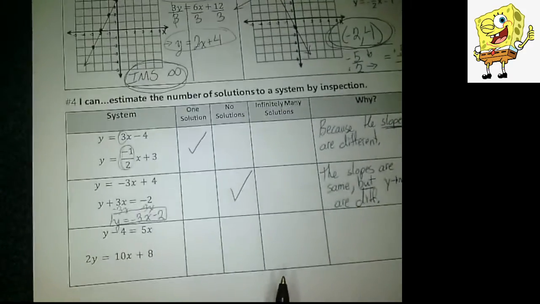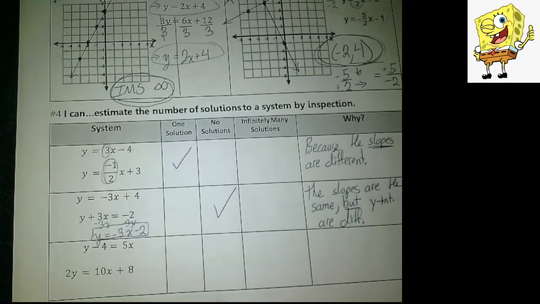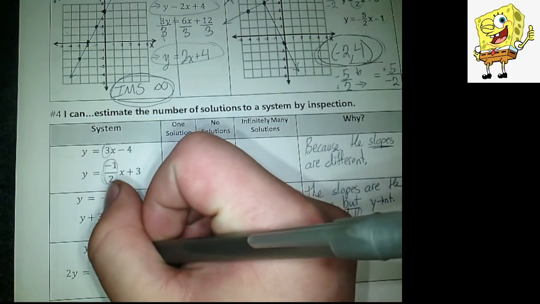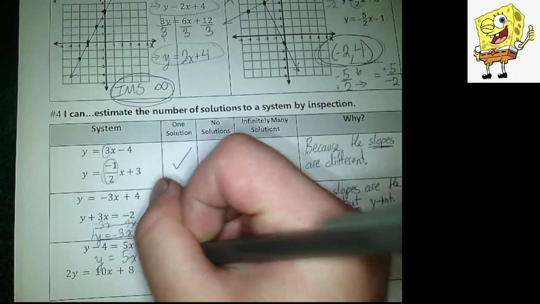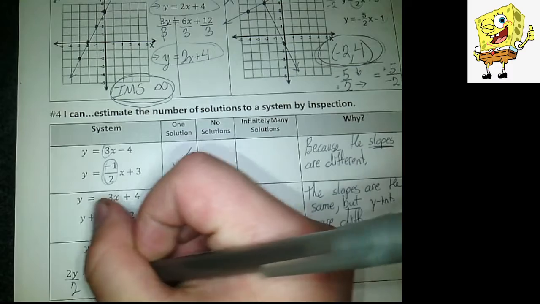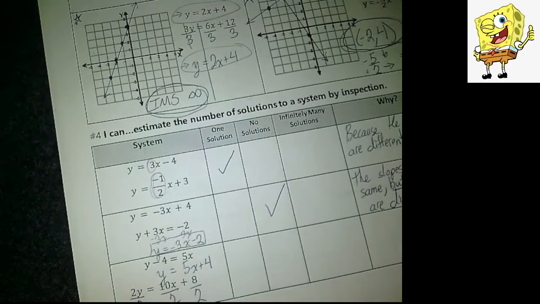And our last one, we could maybe take a testing methodology and infer that it's going to be infinitely many solutions. So let's see if that's right. Okay, my first equation, I've got y minus 4 equals 5x. I need to get the y by itself. So if I add 4 to both sides, I get y equals 5x plus 4. And then my last one, I'm going to divide every term by 2, building off what we practiced earlier, which leaves me with y equals 5x plus 4.